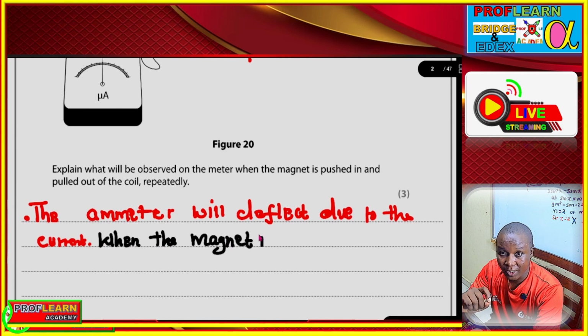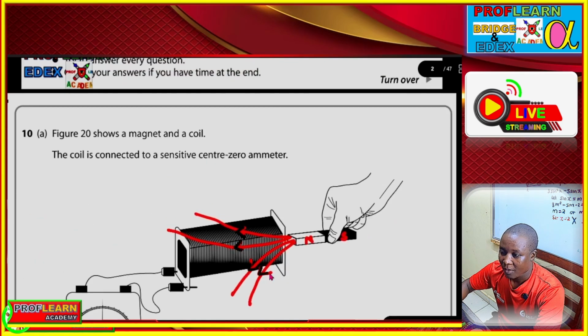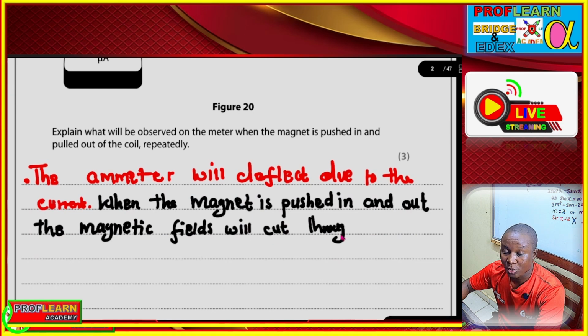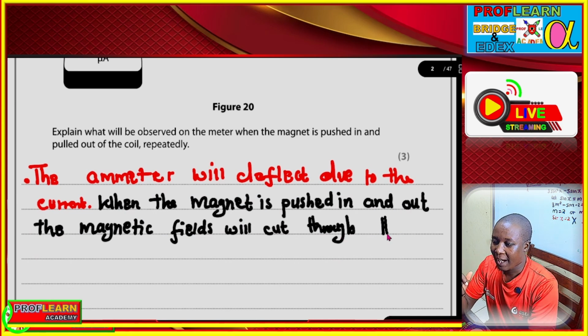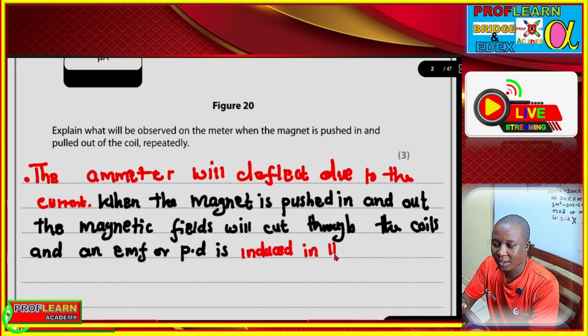When the magnet is pushed in and out, the magnetic fields are going to cut through the conductor or the coil. And when the magnetic fields cut through the coil, an EMF, or a potential difference, is induced in this particular coil, which results in the flow of current.